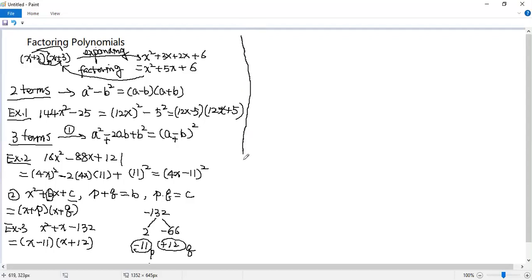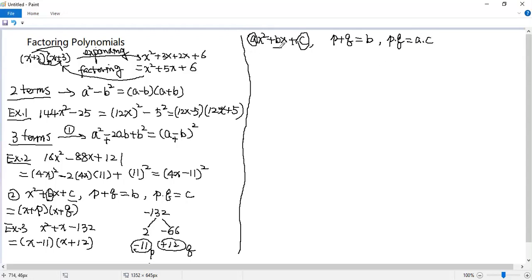If the given polynomial is not a perfect square and also the leading coefficient is not 1, say ax squared plus bx plus c, in this case, we try to find two integers again, such that p plus q equals the middle number b, and p times q this time equals the product of the leading coefficient and the constant c, a times c.